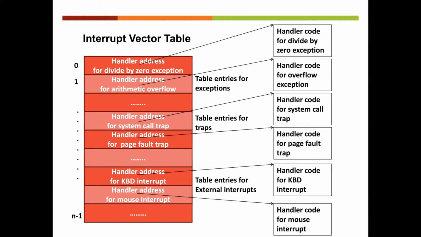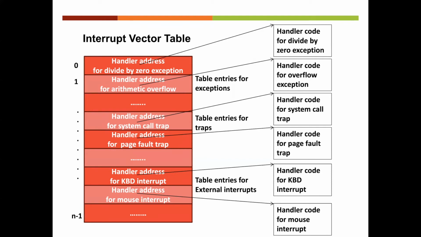Once the IVT is set up, we want to ensure that the processor is able to utilize the table during program execution in order to look up specific events and discontinuities that have occurred.